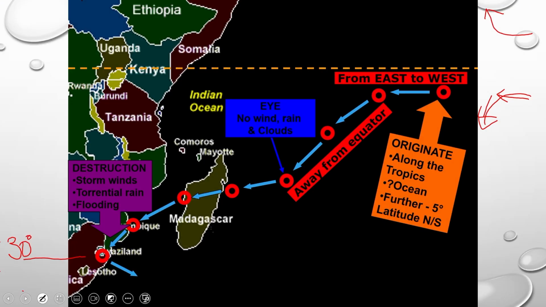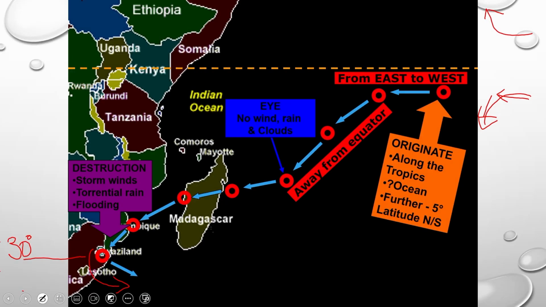Okay? There it moves. Something happens now. You can see it no longer moves from east to west, but it turns and moves in the opposite direction. And the examiner gets interested in that. Okay? Where does that happen? Around this area here, you will get a 30-degree line of latitude, meaning that you are now moving from one pressure belt to another pressure belt, from one wind belt to another wind belt.